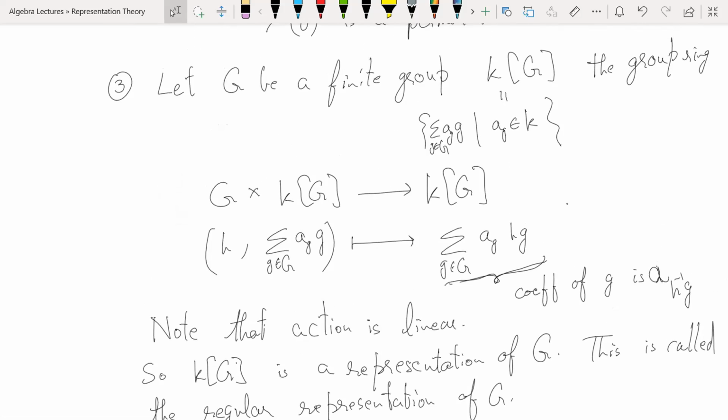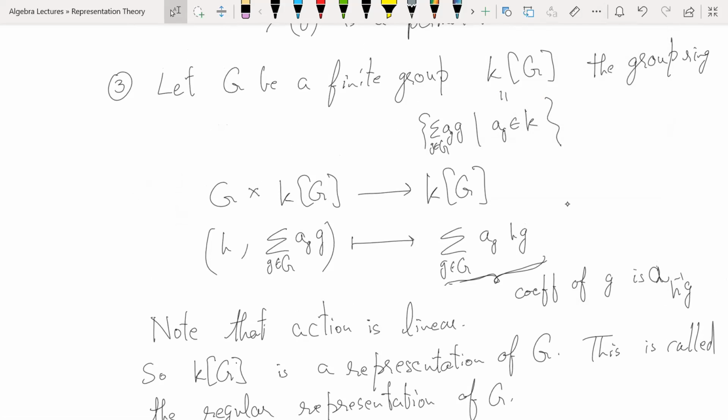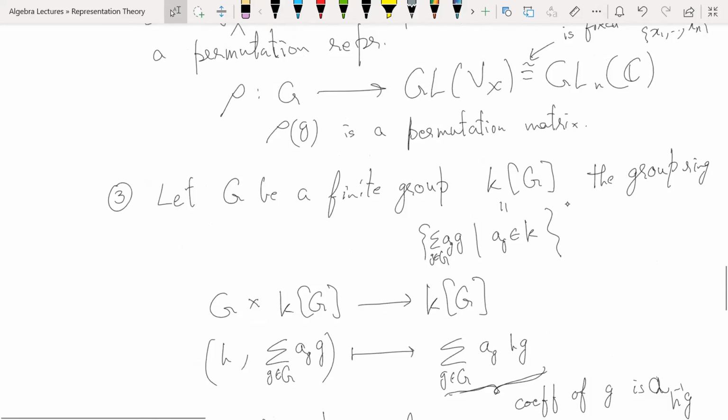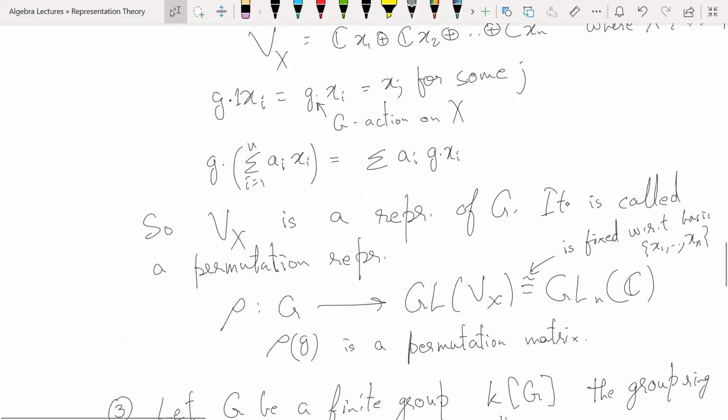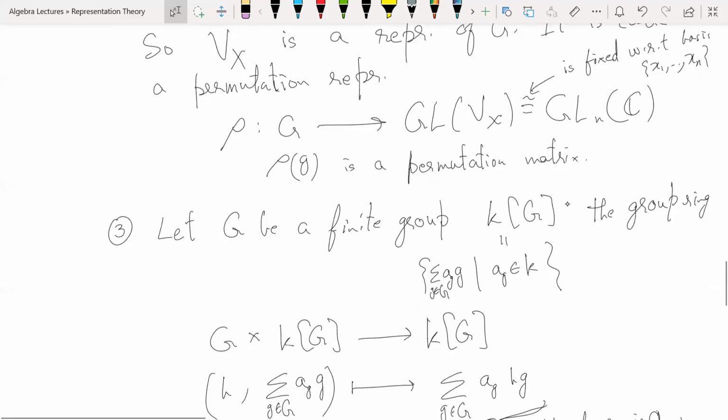The kernel of this group homomorphism from G to KG is also trivial. So G actually embeds into it, because G acts on G via permutations, so it's a faithful action. You can think of this as G acting on itself via left multiplication.